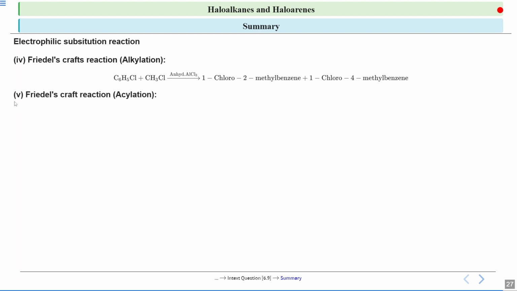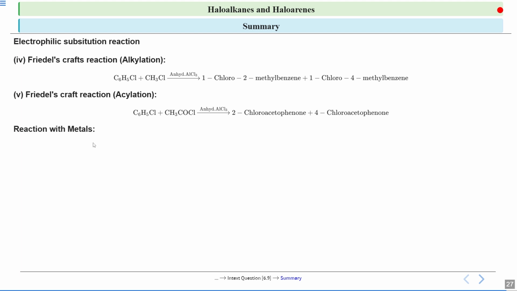Then you have the second type of Friedel-Crafts reaction, that is acylation, where the aryl halide reacts with CH3COCl in presence of anhydrous AlCl3, and again you are getting a mixture of products, the major one and the minor one. The para substituted one is major, the ortho substituted one is minor.